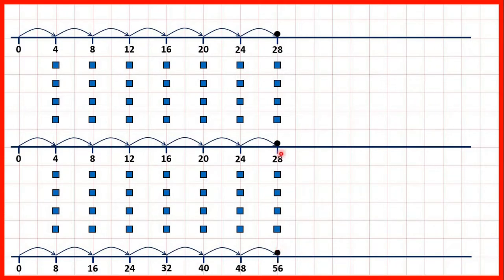So 28 is half of 56, or double 28 is 56.